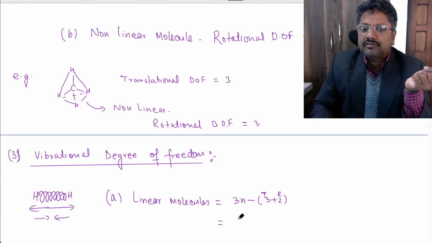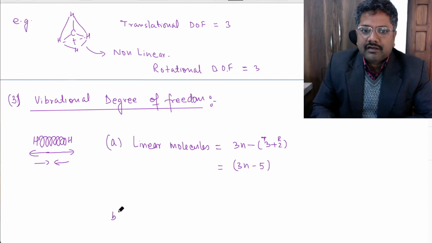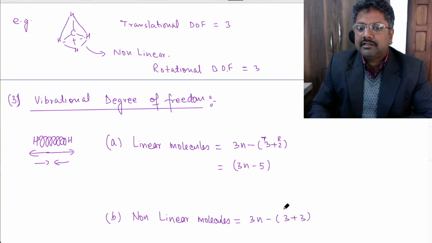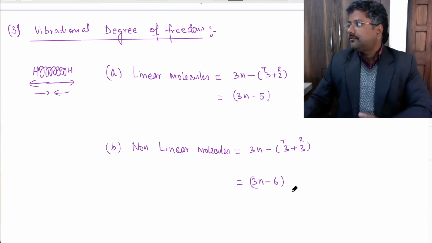So your formula becomes 3n minus 5, right? And for non-linear molecules, it is 3n minus (3 plus 3), translational and rotational, so this is equal to 3n minus 6, right?